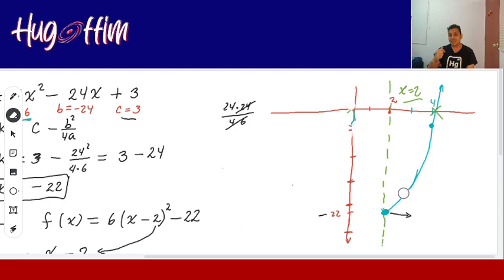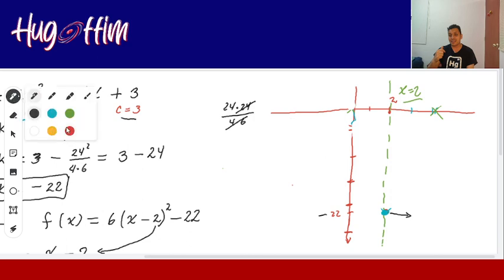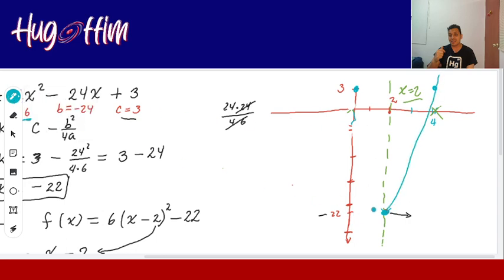Some mistake. So I'm going to put that +3 is here. So the y-intercept is here. And at 4 it's going to be 3. Even so, it's going to have 2 x-intercepts, like this form and this form. Okay?